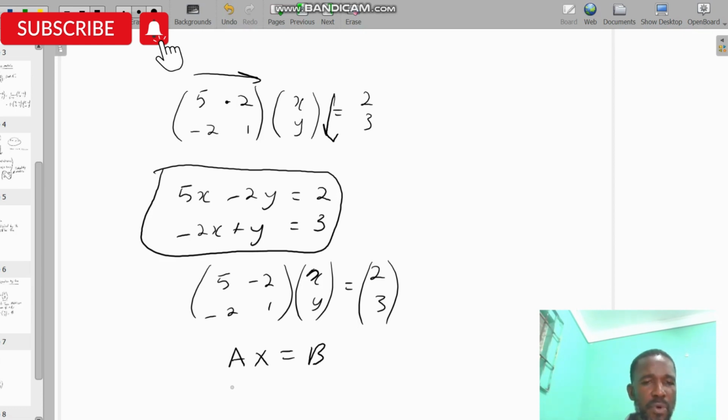So if I multiply both sides by A inverse, A times A inverse times X is equal to A inverse B.